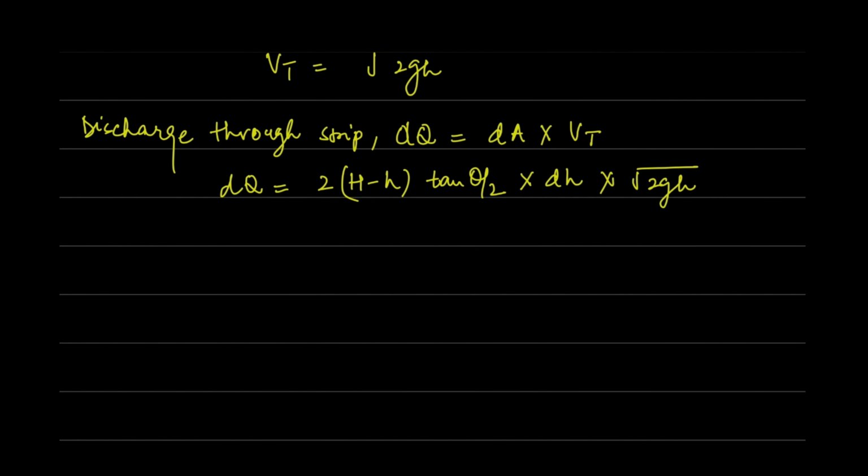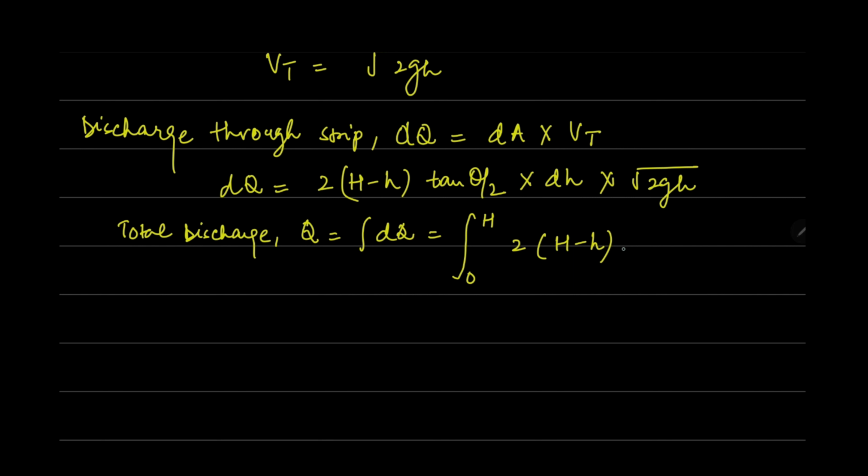So to get the total discharge q, we integrate dq, that is the integration from 0 to H of the equation we just wrote above, 2 times (H minus h) tan theta by 2 multiplied by under root 2gh dh.